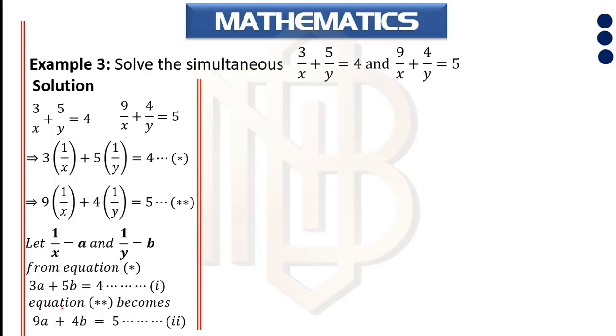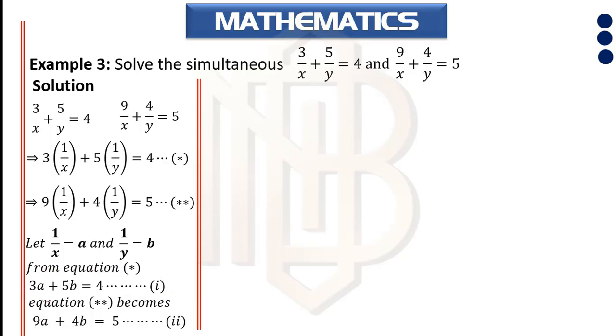And if we decide to eliminate a, now the issue with that is there are 2 ways you can do it. Either we use the flipping, meaning that the 3 here, we multiply everything in equation 2, and the 9 here, we multiply everything in equation 1.